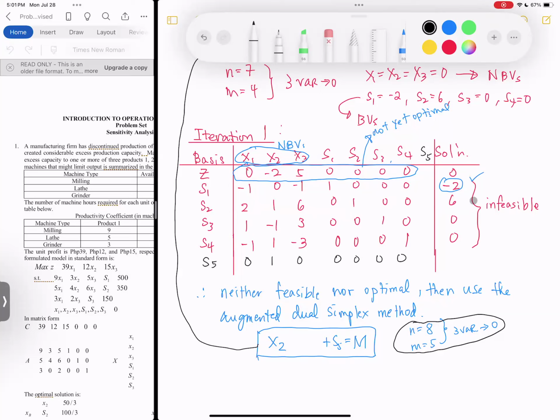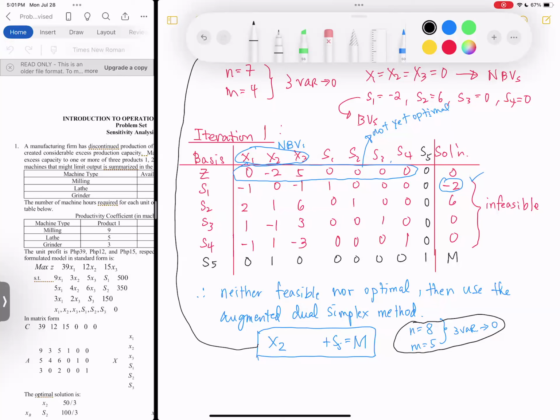So the coefficient of S5 in the Z row is 0. In the first constraint, it's 0. It's 0 in all constraints except the last constraint. And then you have M here. Okay?